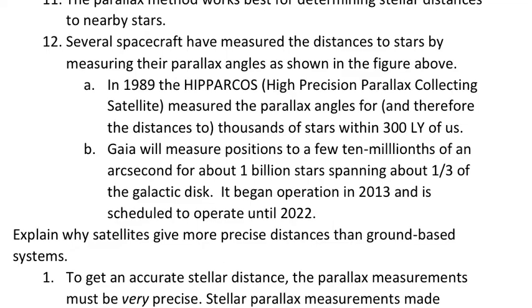The first one was called Hipparcos, which was named after the famous Greek star surveyor who we talked about in one of the early chapters in this semester. His name was Hipparchus. This was a clever rearrangement: High precision parallax collecting satellite. It was launched in 1989, and it measured the parallax angles and therefore the distances to thousands of stars within 300 light years of us.